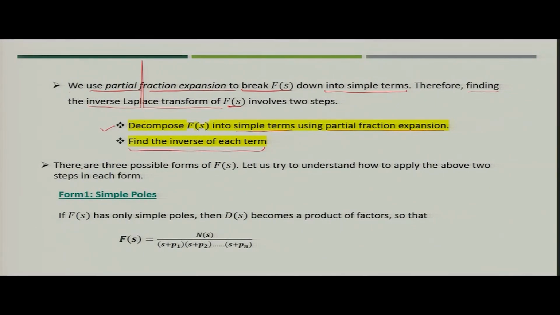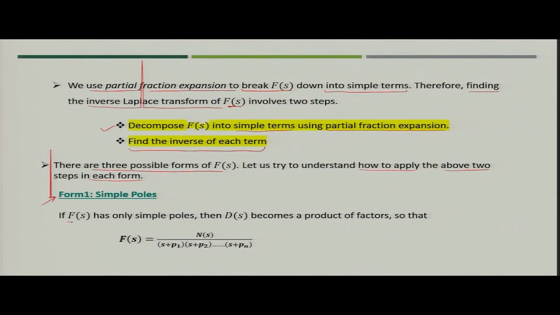Now, there are three possible forms of the Laplace transform. Let us try to understand how we can apply the above two steps. The first form is when you have simple poles.